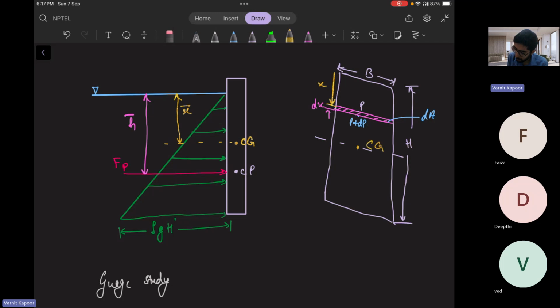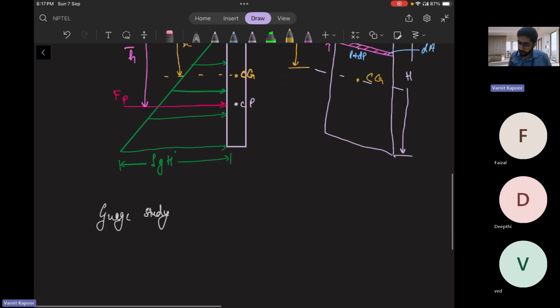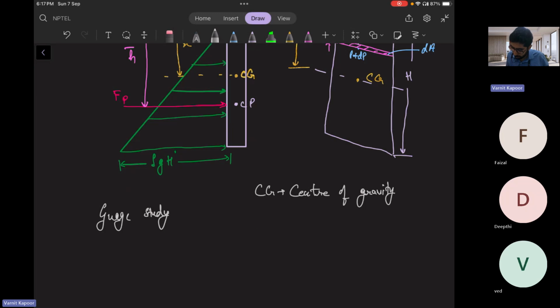This is CG, and the CG is at a distance x bar from the free surface. CG is the center of gravity, and CP is the center of pressure.